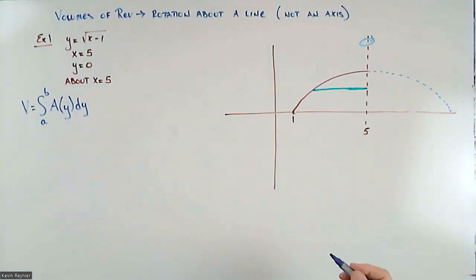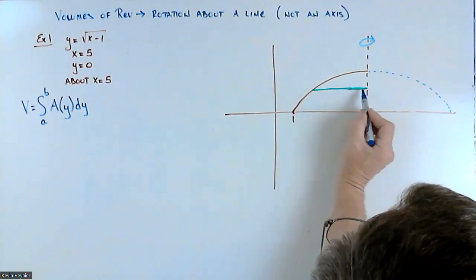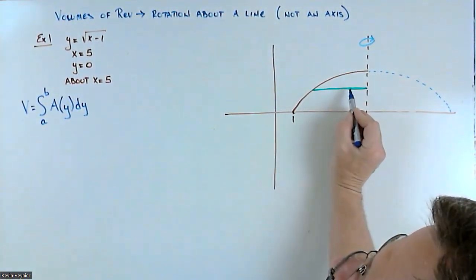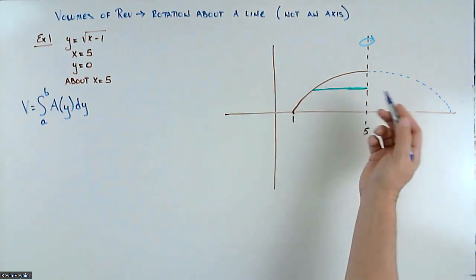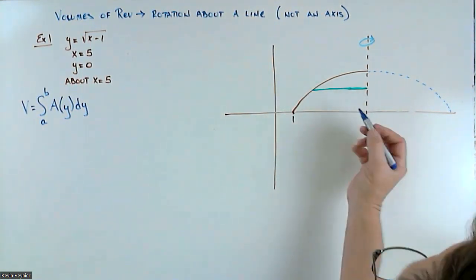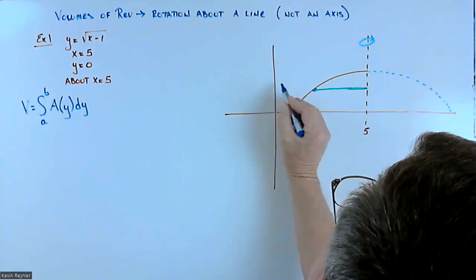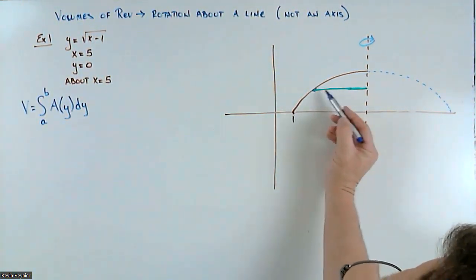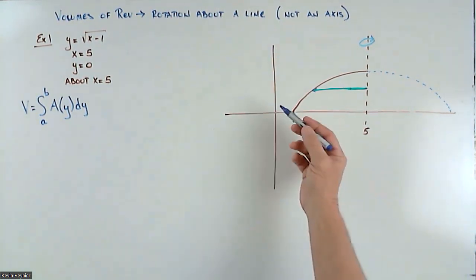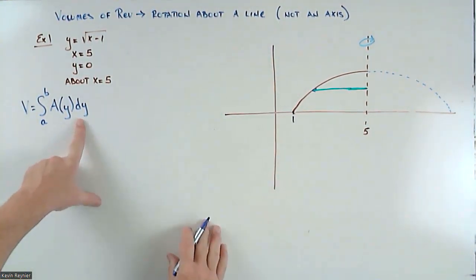Now we know we're integrating this in terms of y because our partition, our representative slice, our representative rectangle, whichever phrase you use, is perpendicular to the y-axis, or some of us teach it as it's pointing to the y-axis. Since it's pointing to the y-axis, I'm going to put a dy here.